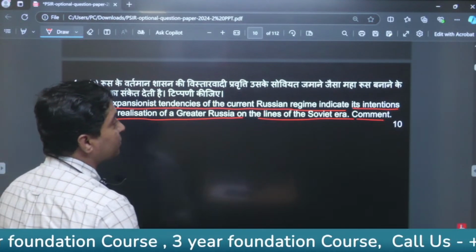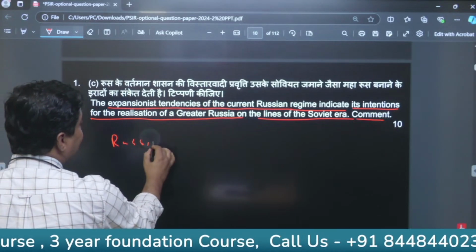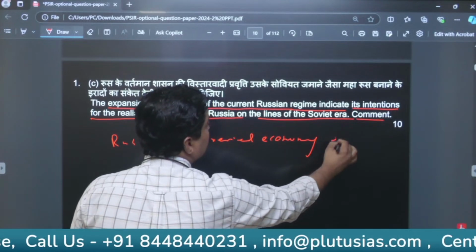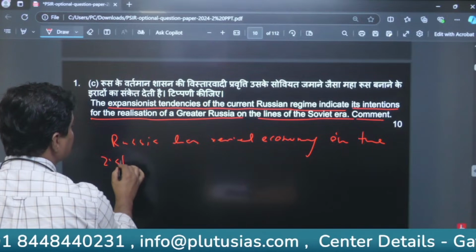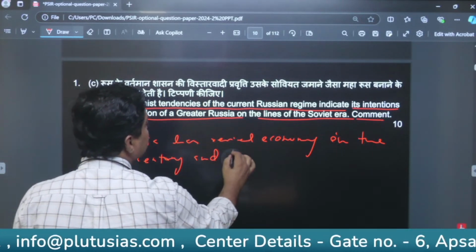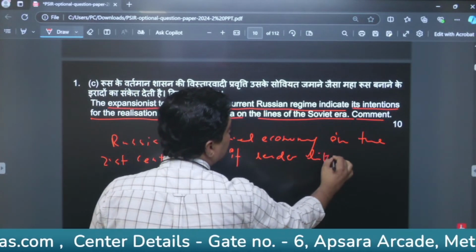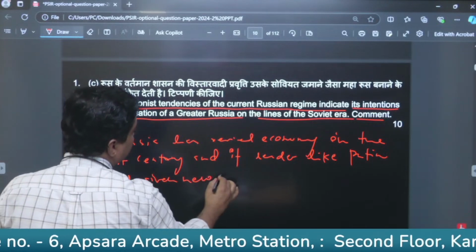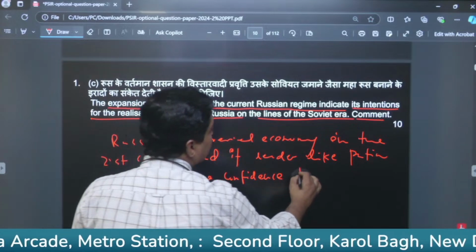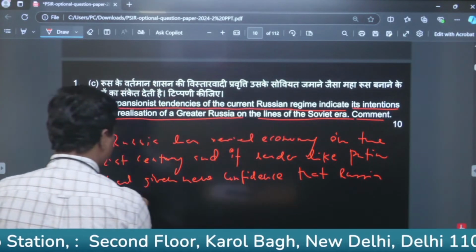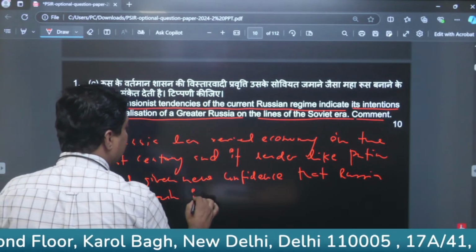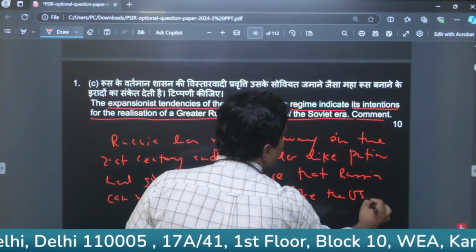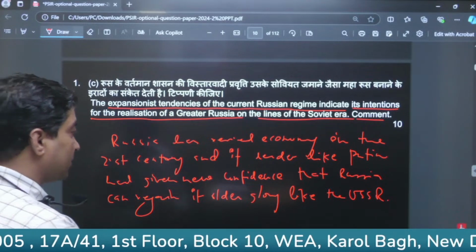Introduction: Russia has revived its economy in the 21st century, and its leader like Putin has given new confidence that Russia can regain its older glory like the USSR, right?